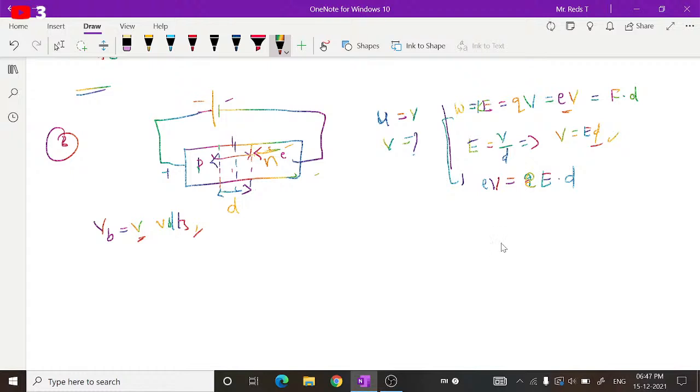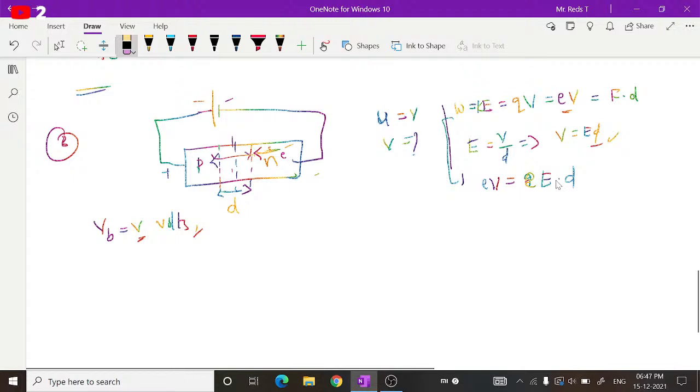The velocity of the electron after crossing the junction: to find the final velocity, we need the acceleration. It is moving under uniform acceleration and hence uniform force.